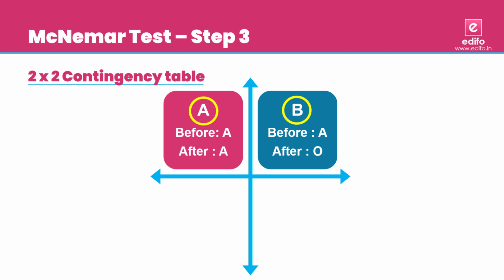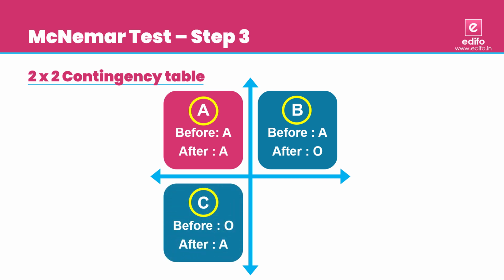The third column is just opposite of that of column B. That means before the advertisement campaign, how many are using other brand, and after the advertisement campaign, they are shifted to our brand, that is brand A. This is the impact of advertisement campaign.